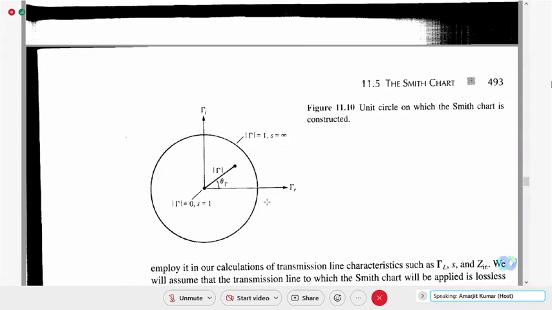So if ZL is equal to Z0, mode of gamma will be equal to 0 and standing wave ratio will be equal to 1. On the Smith chart, this point indicates the matched transmission line. Here the impedance, here the line is matched. So this point signifies the matched line.